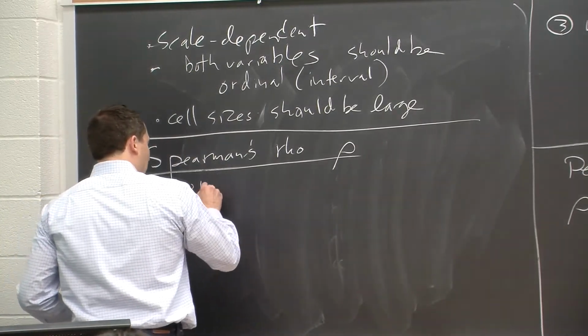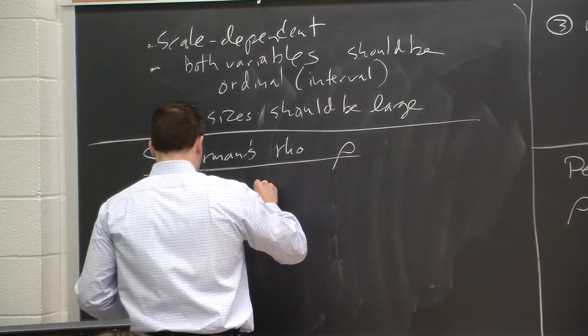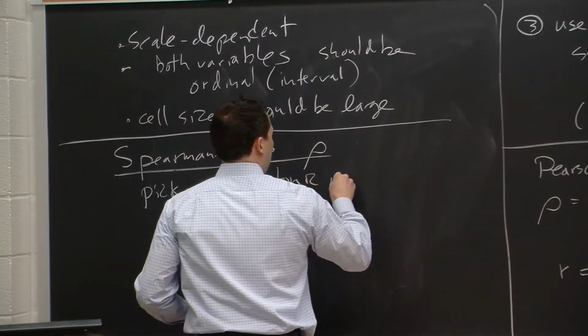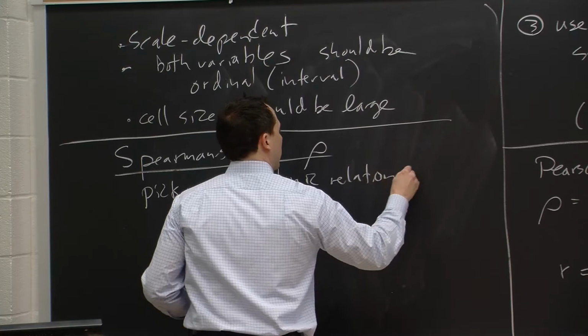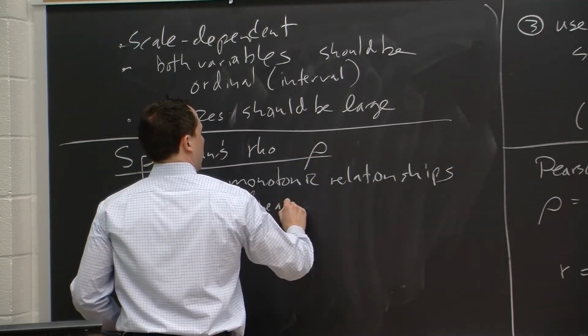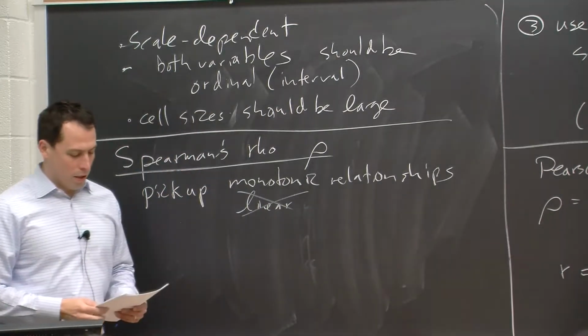So the goal is to pick up monotonic relationships in the data instead of linear. So whereas the other one was linear, we're just trying to pick up that.